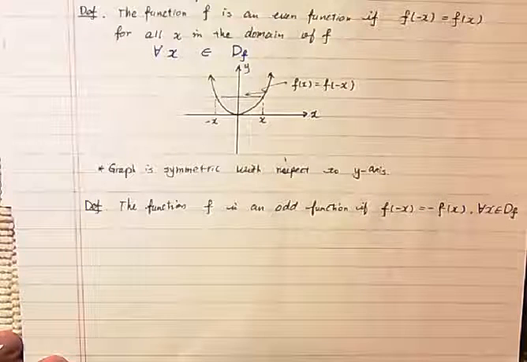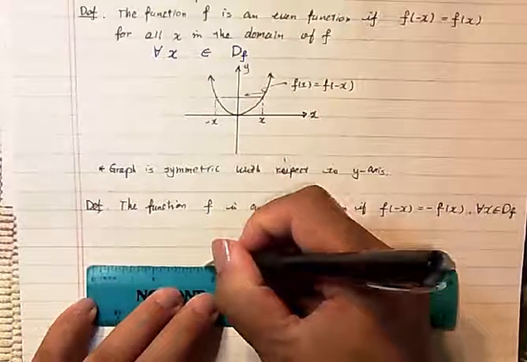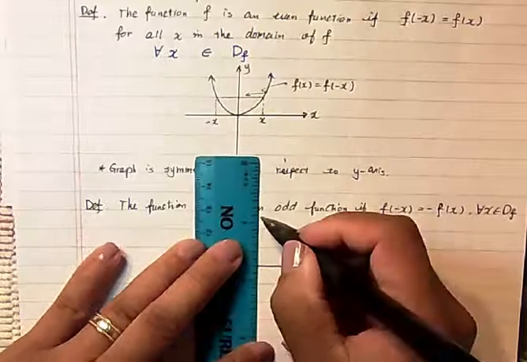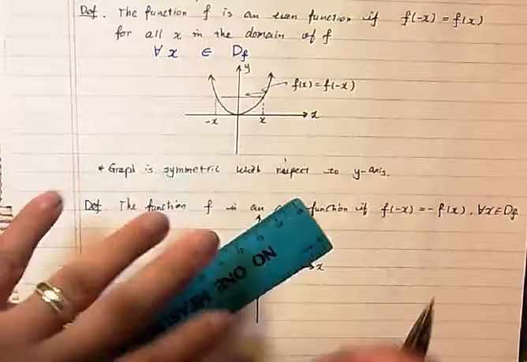Alright, so what is an odd function? A very simple example is the linear function. We learned the identity function y equals f of x, or y equals x.